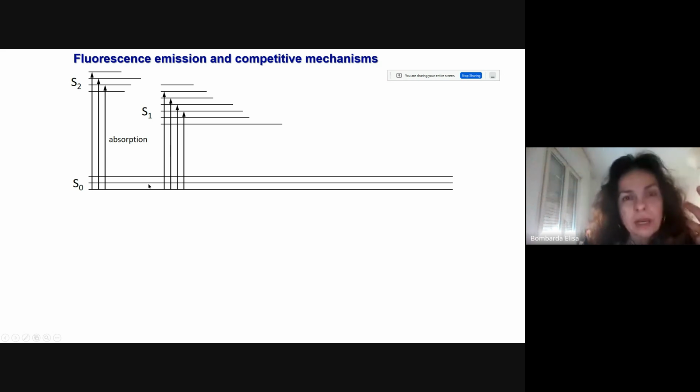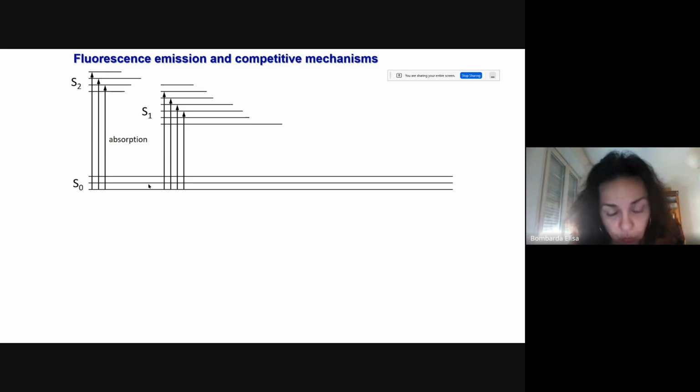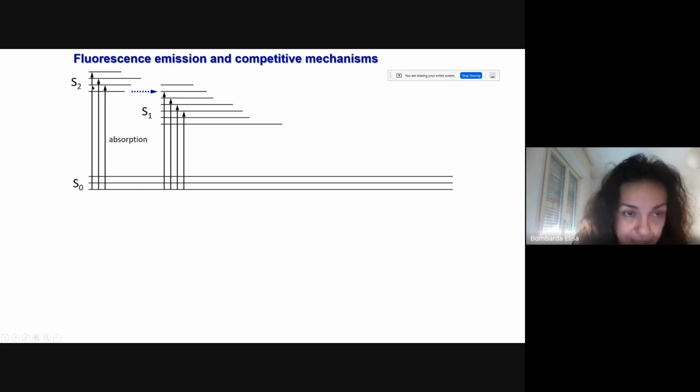The first thing we do is send the molecule to the excited state, and we do it through light. The light will be absorbed, and the molecule, according to the energy and therefore the wavelength, is promoted to an excited state. If the energy is high enough, it can go even to the second singlet excited state. But normally with internal conversion, since there is an overlap between these two states, it goes immediately to S1.